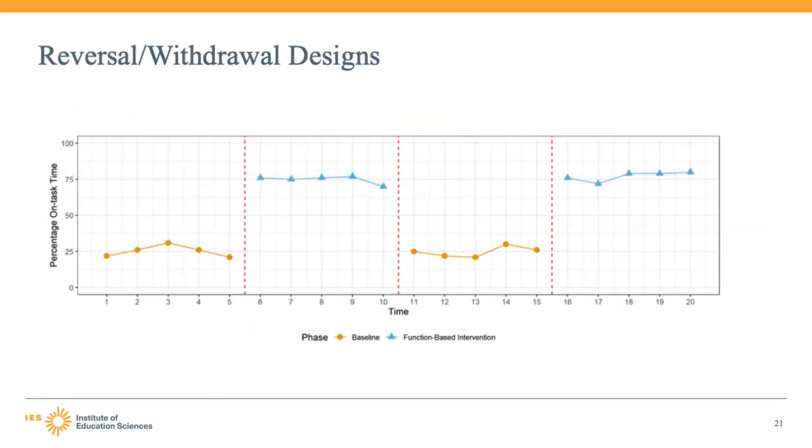This figure displays findings from an example treatment, reversal, or withdrawal design that included 2 baseline phases and 2 treatment phases during the implementation of a function-based intervention. The outcome in this example is the percentage of on-task time, which was measured at 20 unique time points.